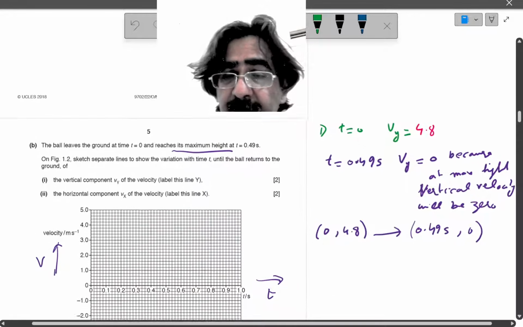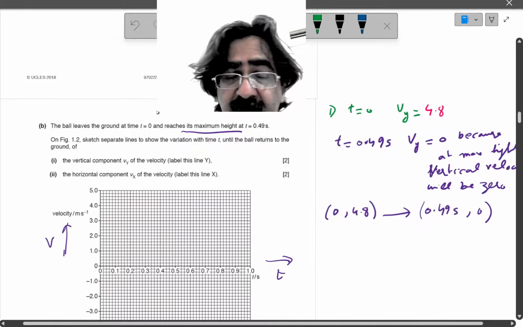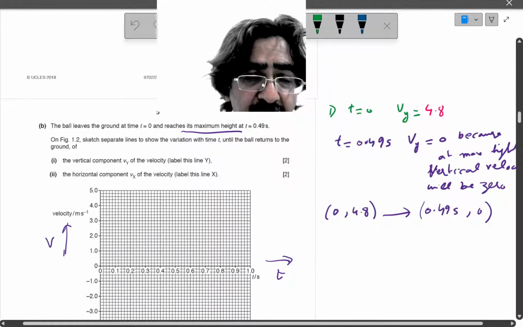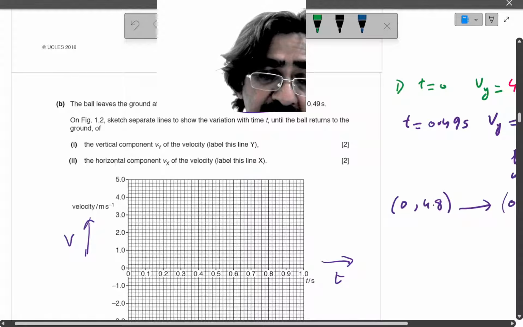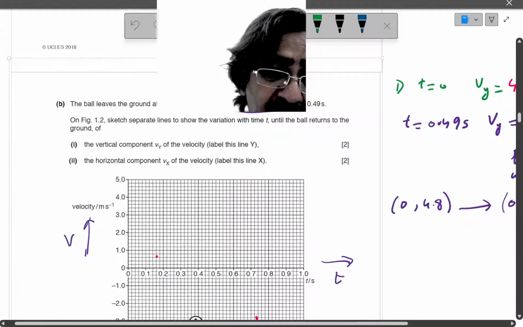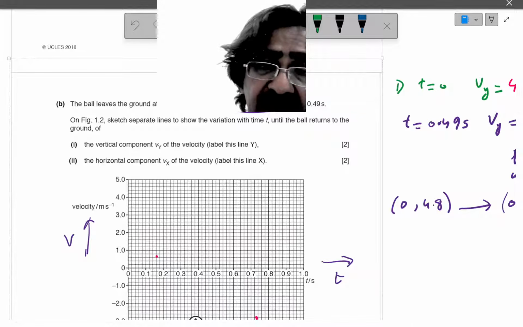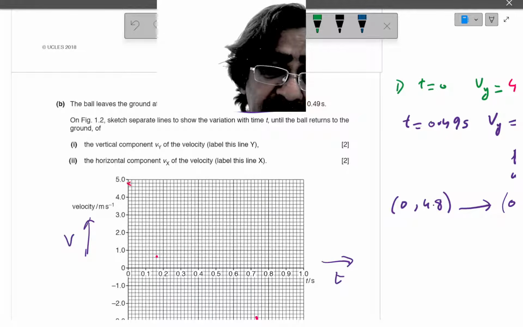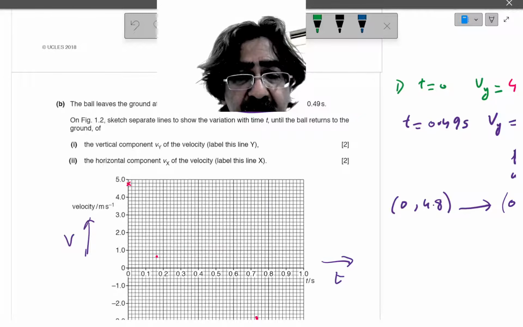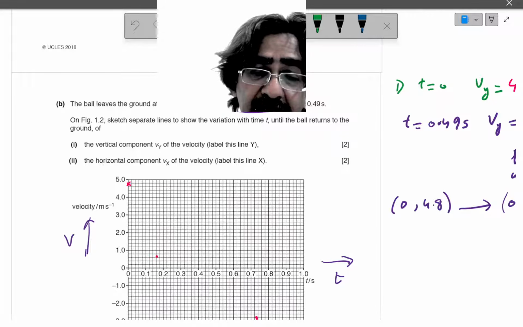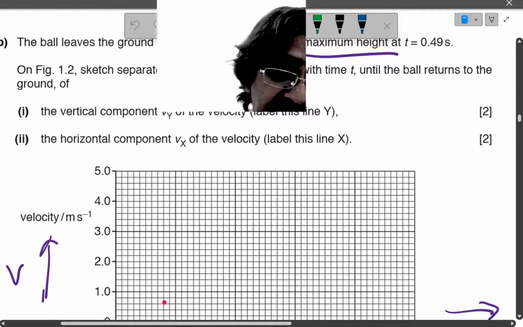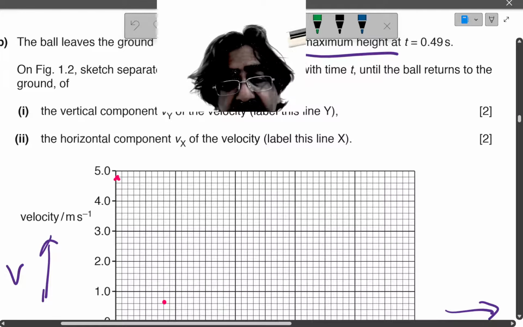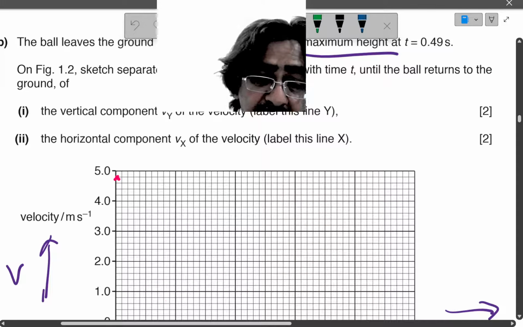So we plot 0.4 and 4.8. At 0, the velocity will be 4.8.